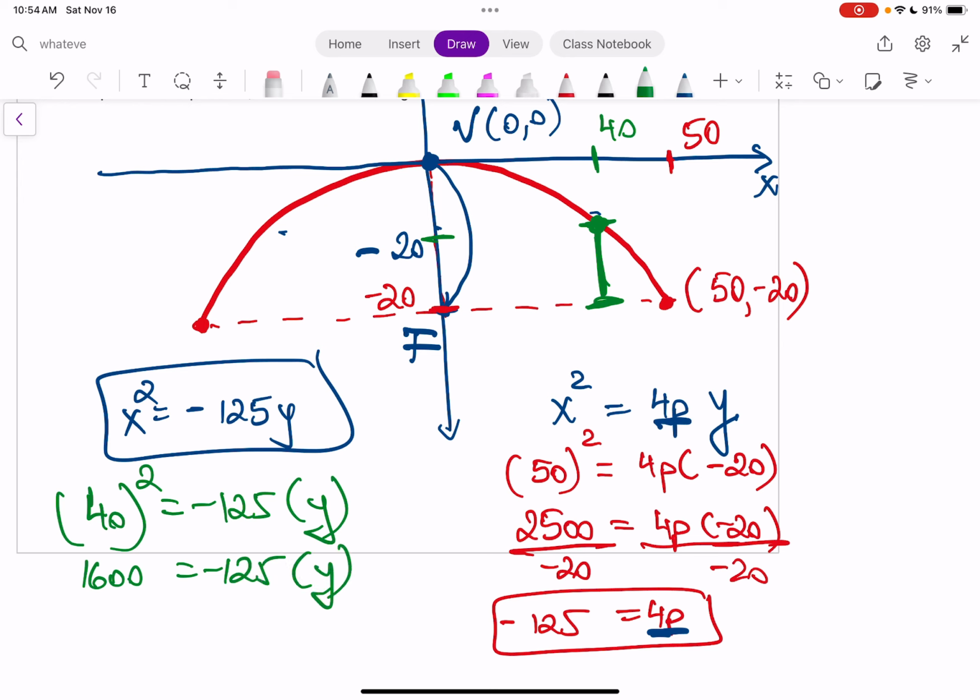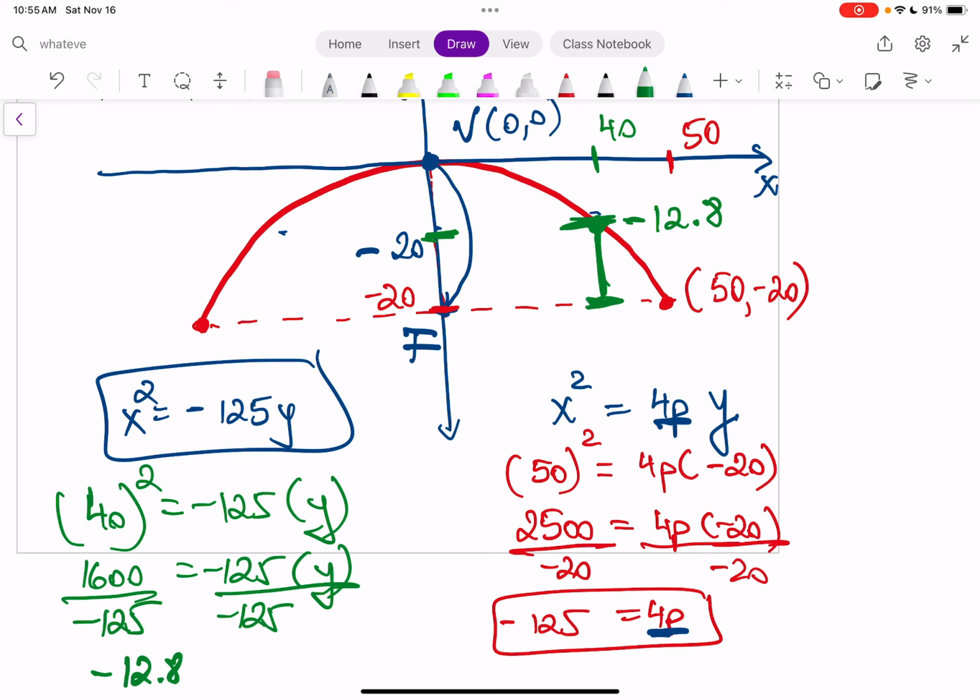So to solve for y, I'm going to divide by negative 125. So let me see what I'll get. That's going to be a negative 12.8. So that means this here is at negative 12.8.